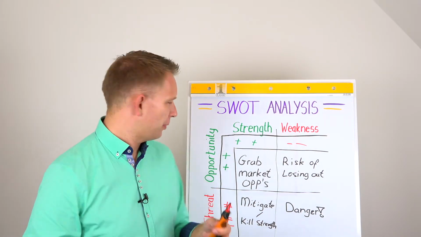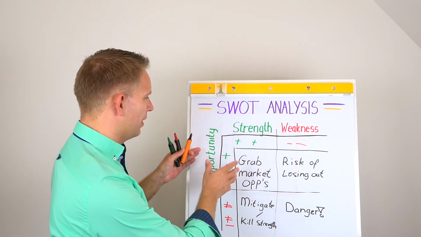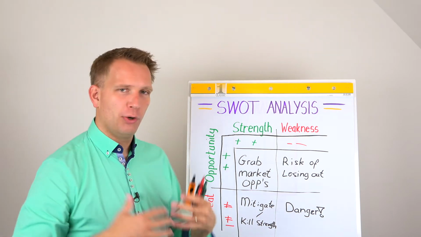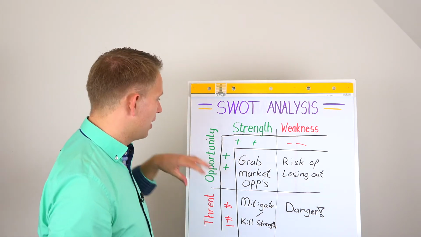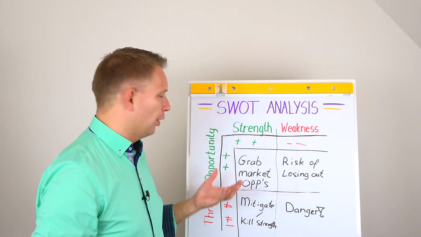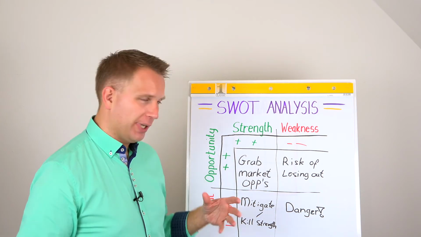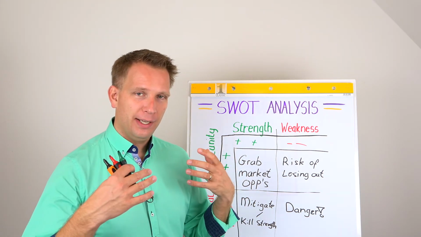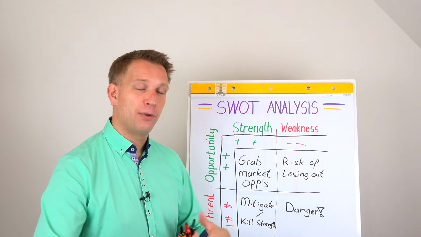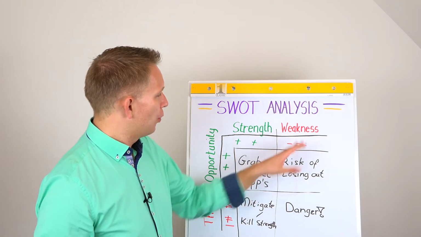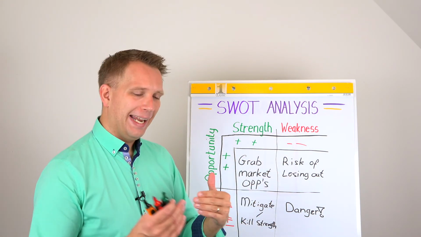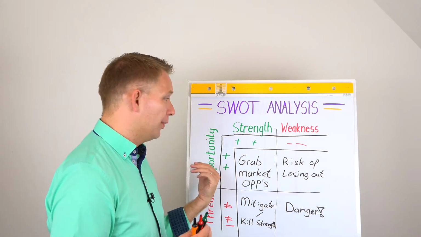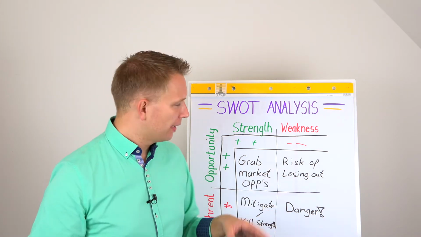So to summarize it, when you have the nice combination of your organization's strengths with opportunities in the market or around you, this is where you can really grab those opportunities, grab market share, push your company to the next level within your surroundings. When you have weaknesses that really interact with those opportunities, you have a risk of losing out.